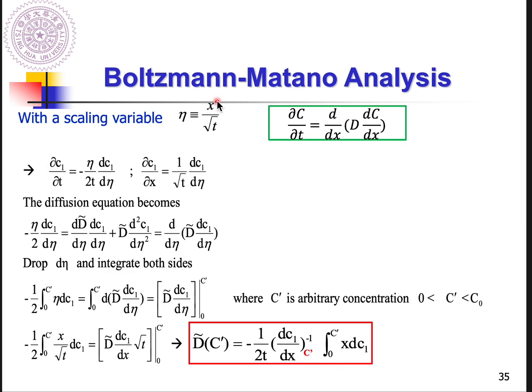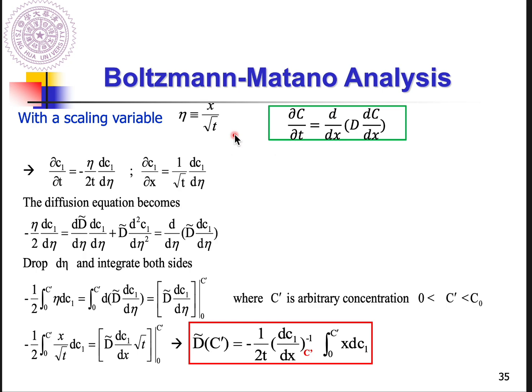Next, the slide is going to show you how to derive these equations. In order to get the interdiffusivity as a function of concentration, we define a scale variable eta as x over square root of t.